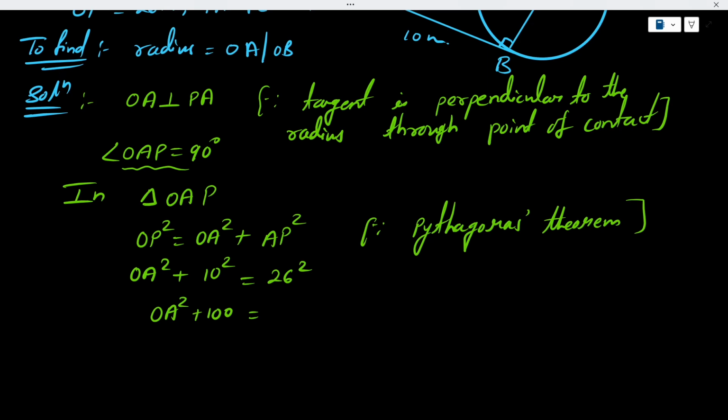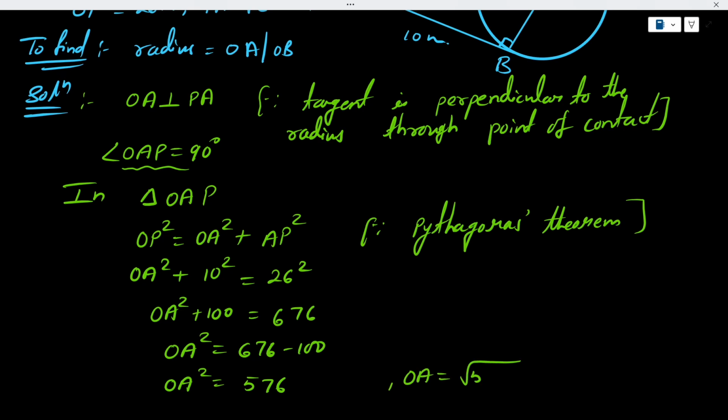If you can remember till 29, it's better. 26 square is 676 and OA square equals 676 minus 100. So OA square is nothing but 576. So if I take the square root of 576, you are going to get 24. What is the square root of 576?